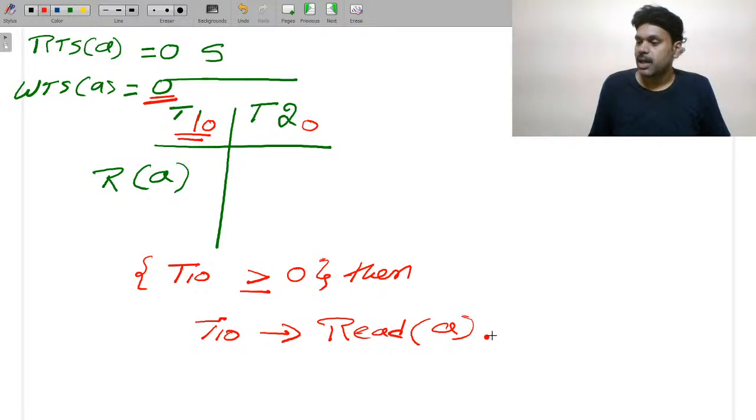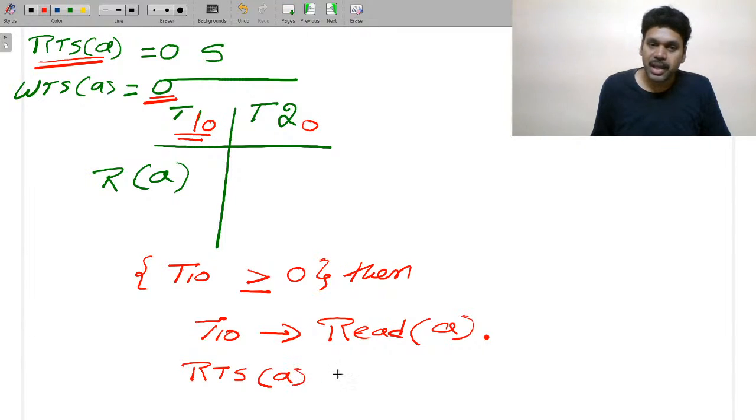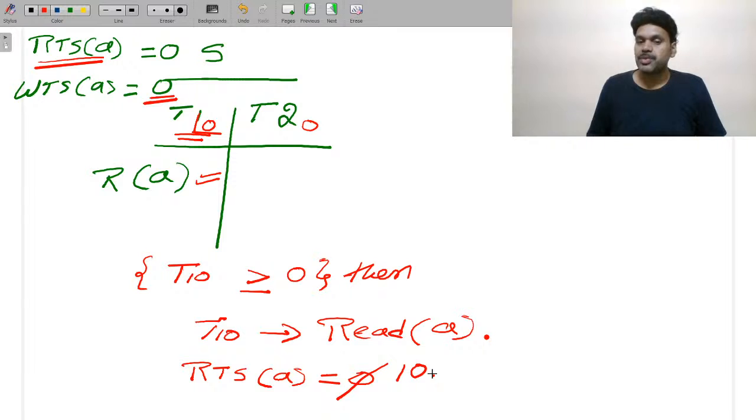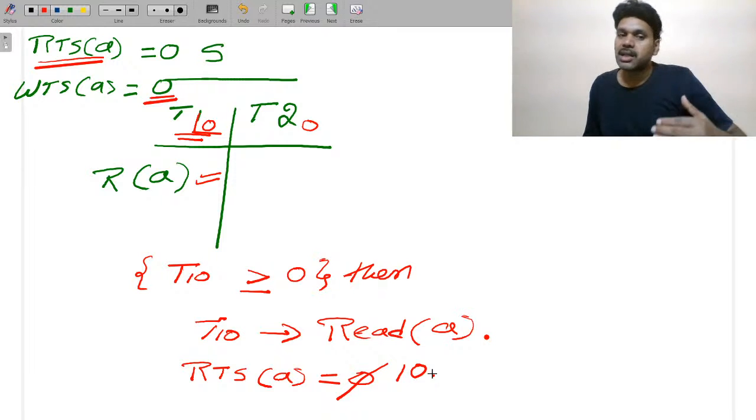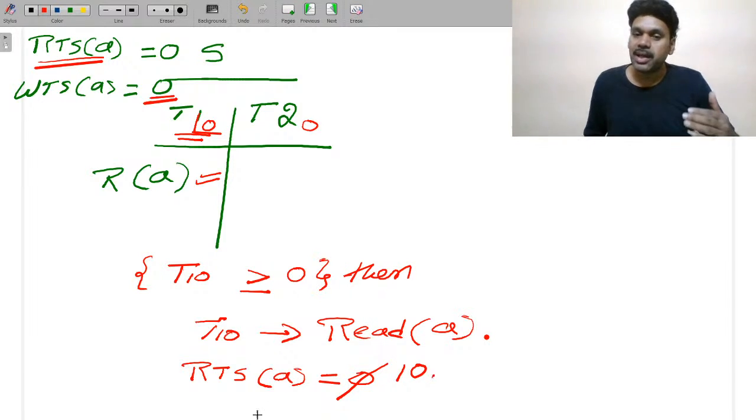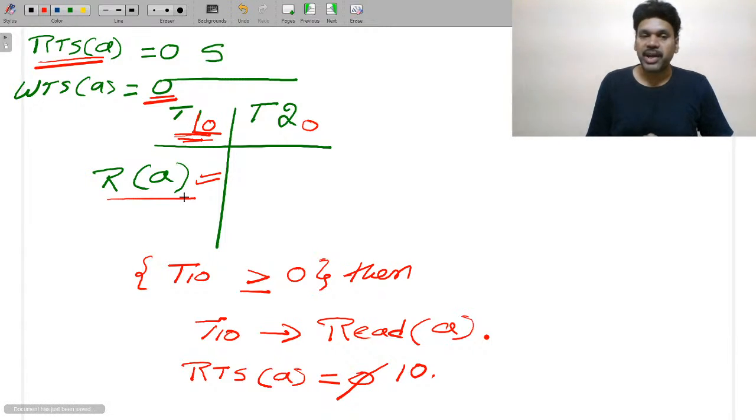It's fine. And one more thing is that you update the read timestamp value. Therefore, your RTS of A, earlier it started with 0. As this is successful, this timestamp will be assigned to it. Now you observe, friends, your RTS on the particular object A is updated with your latest successful transaction which performed the read operation. Okay, fine.